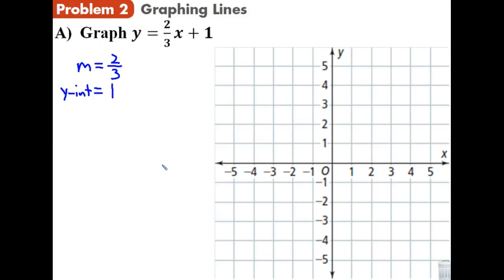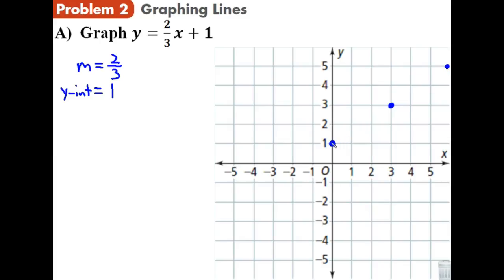To graph this equation then, we'll start off with our y-intercept, the 1, and then from there we'll just follow our slope. Slope is 2/3, meaning we'll go up 2 for a rise and right 3 for the run. So up 2, right 3.